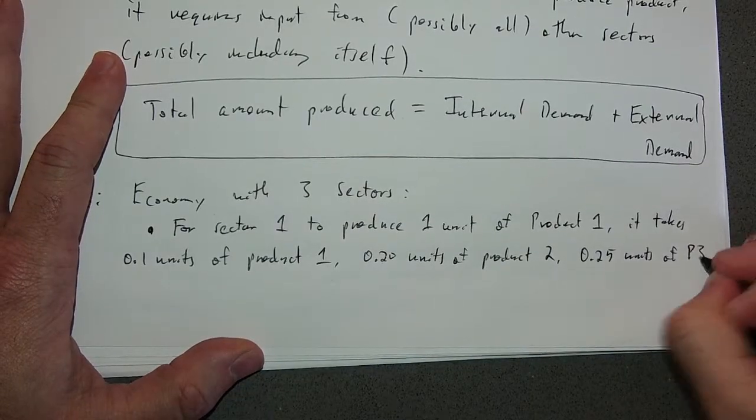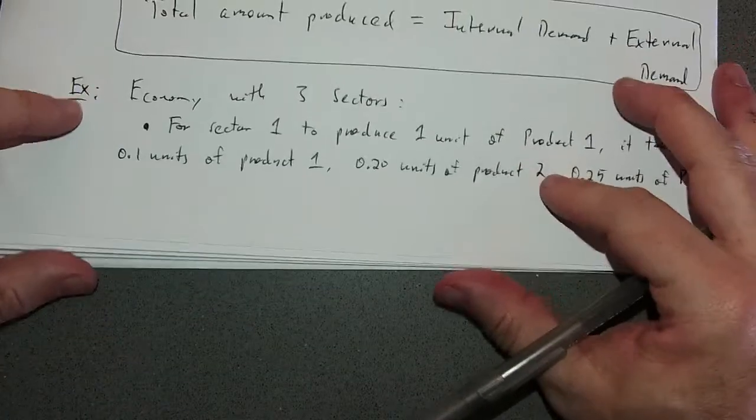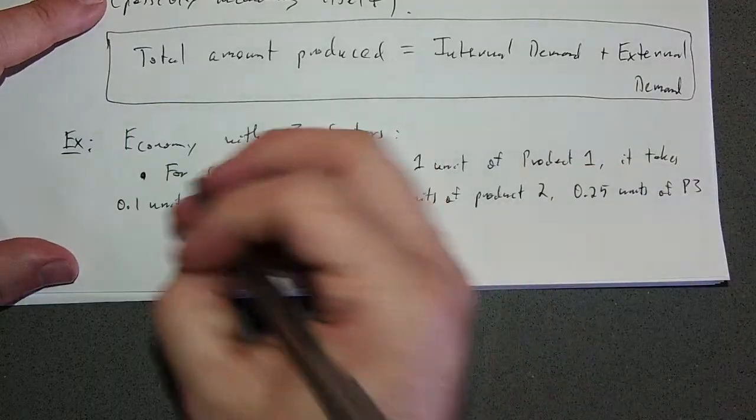And I'm going to write product 3 as P3 from here on. Same thing with the rest of the products. All right, so that's for sector 1.